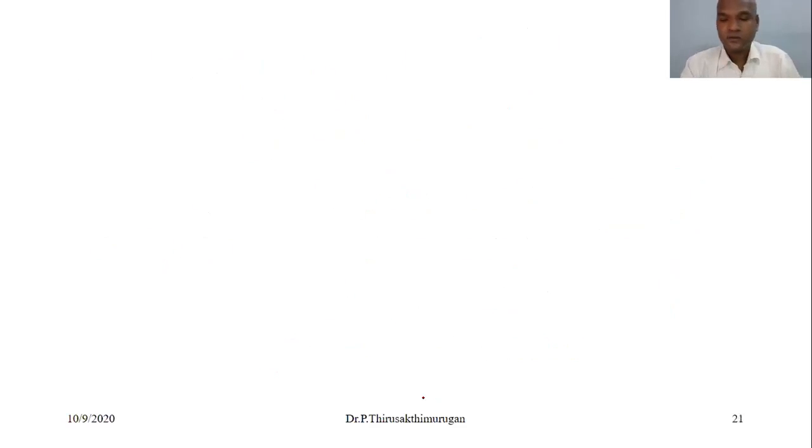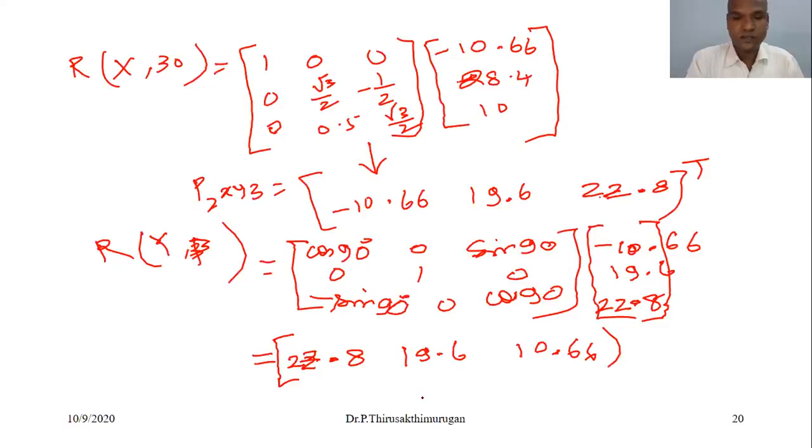Very good. So this is the calculation of frame position for different rotations.